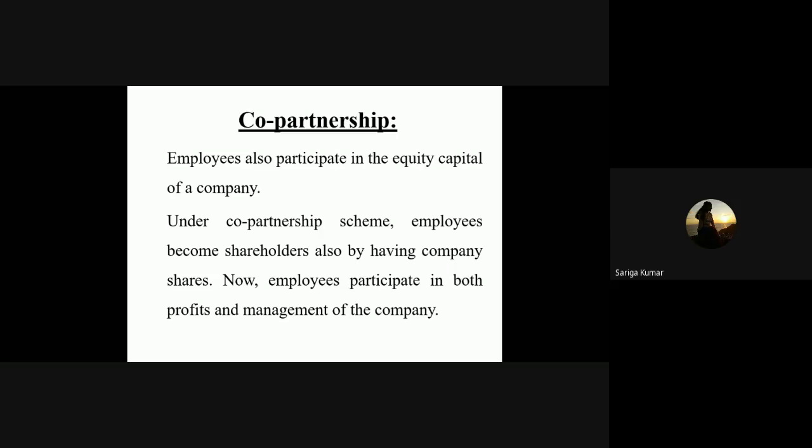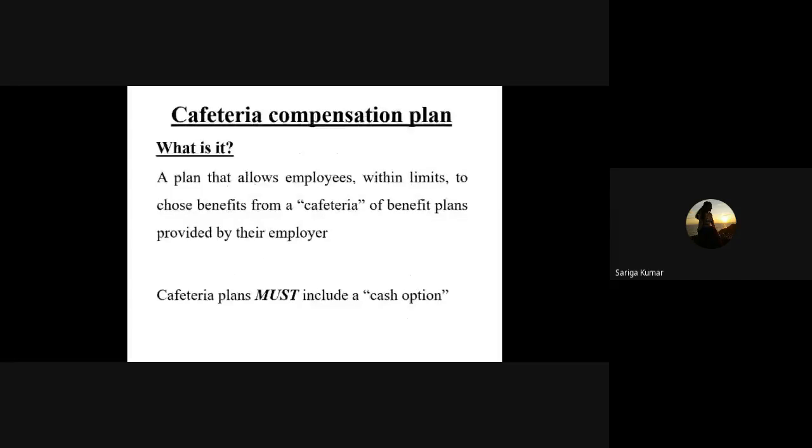Because of this, employees are sometimes allowed to participate in management decisions when meetings happen, because of the shares they have earned through their efficiency in contributing to the organization. So somewhere they act like owners when they sit on the chair for discussing profits and management-related decisions.